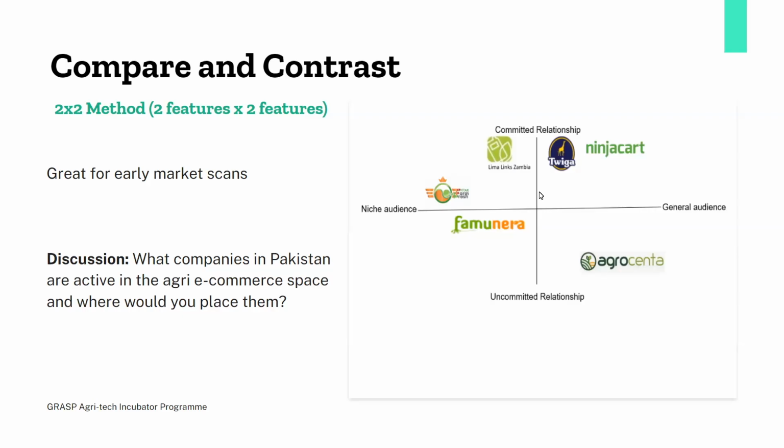But you see, we, as an example, while building this, have also put Ninja Cart in there. Now, Ninja Cart is based out of India. Very large partners like Walmart, Flipkart, so on. But the reason they're there is because in that secondary research, when you look at newspaper clippings, when you look at the annual reports and so on, you see that they are talking about the possibility of moving into Africa.